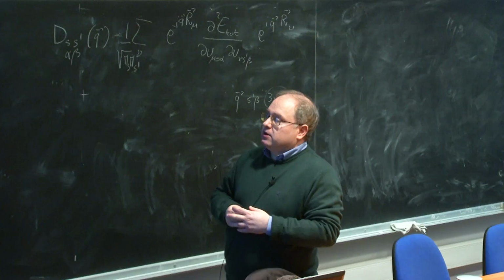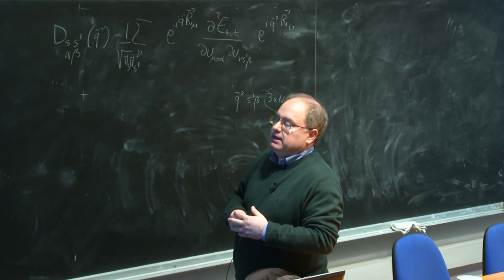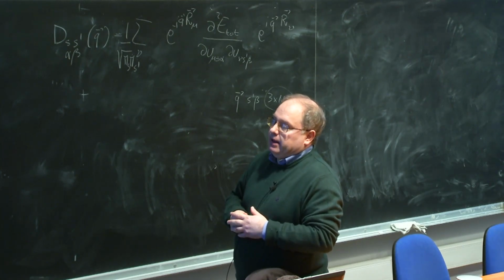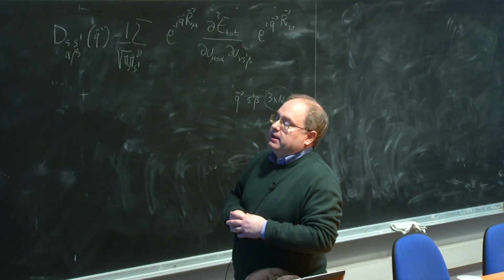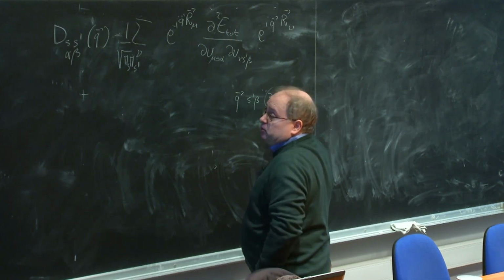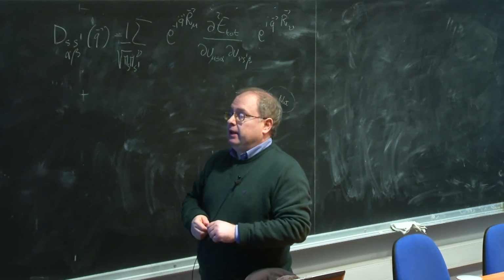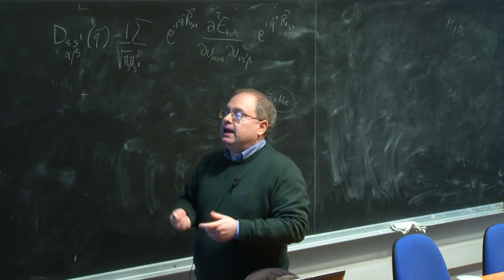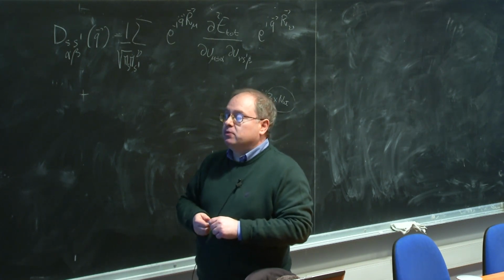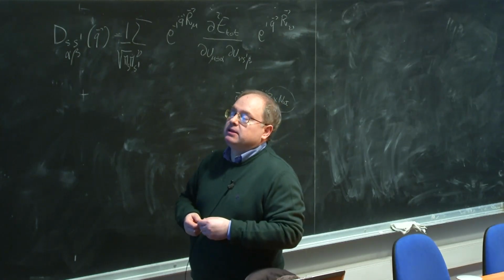In any case, conceptually, we have for each Q to do 3 multiplied by the number of atoms modes. When we have done all the 3 multiplied by the number of atoms in the unit cell perturbations, we will have the dynamical matrix, and diagonalizing it, we find the frequencies at that Q, and we have 3 multiplied by the number of atoms in the unit cell of them.